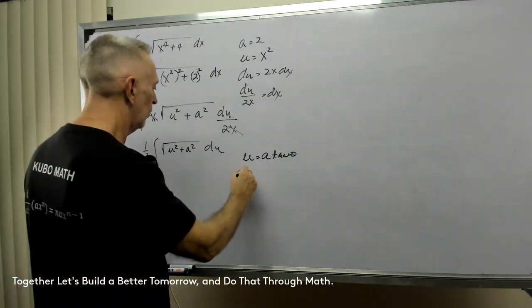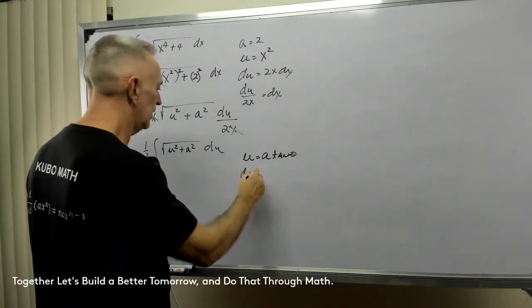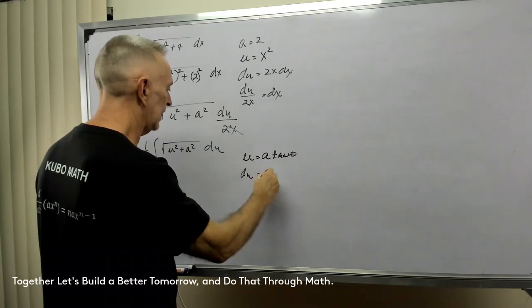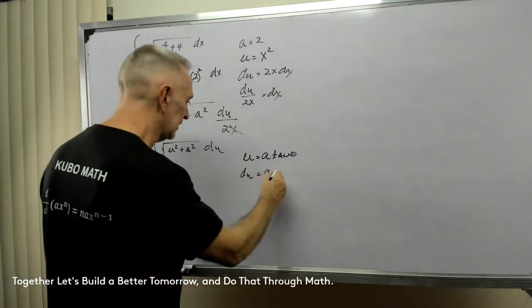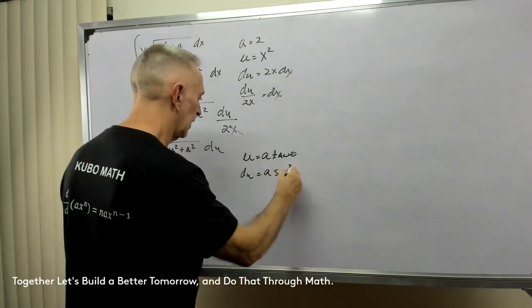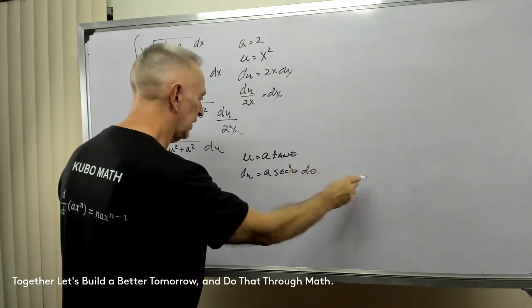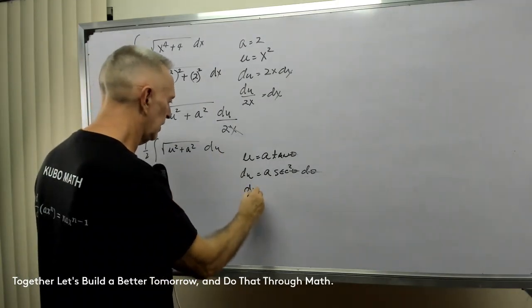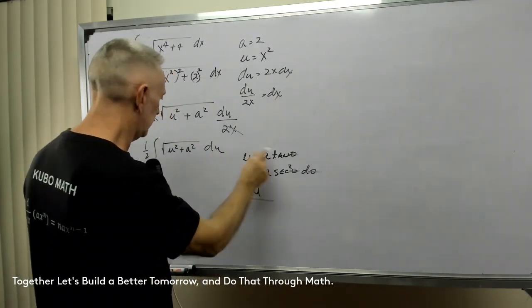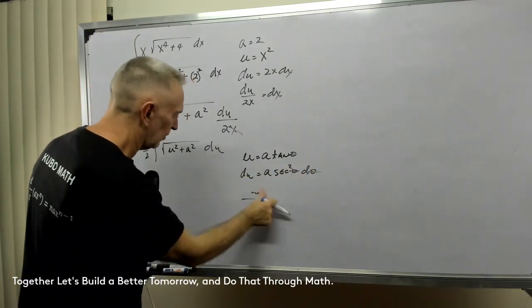What does that mean? Du then is a, that's constant. The derivative of tangent theta is secant squared theta, chain rule, d theta. So now du equals this.